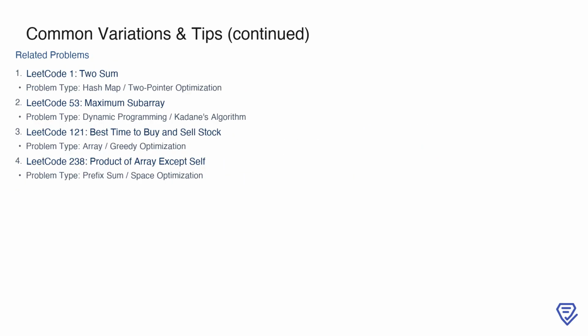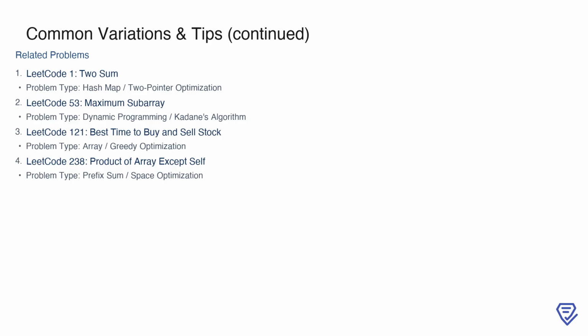Understanding related problems can also deepen your problem-solving skills. For instance, LeetCode 1, Two Sum, is a classic problem that uses hash maps or two-pointer optimization. LeetCode 53, Maximum Subarray, involves dynamic programming and Kadane's algorithm, which are foundational techniques for solving array problems. LeetCode 121, Best Time to Buy and Sell Stock, is an excellent example of applying a greedy approach to optimize an array-based problem.